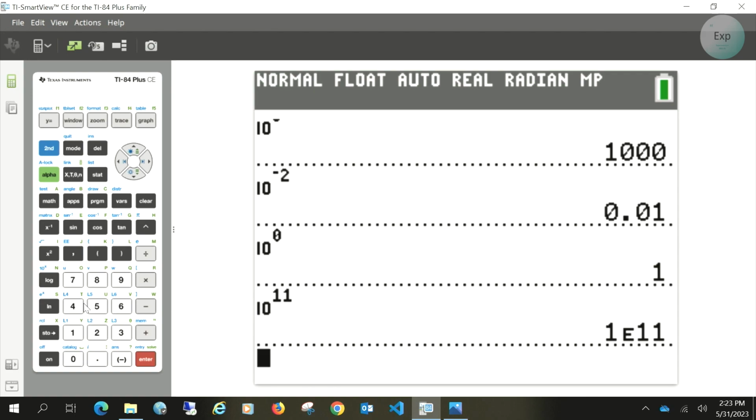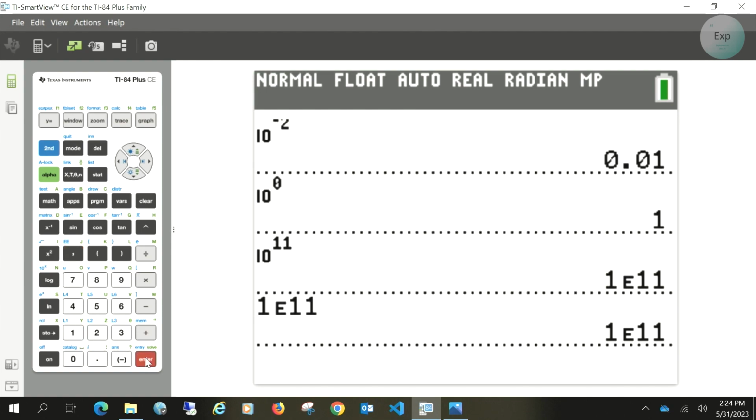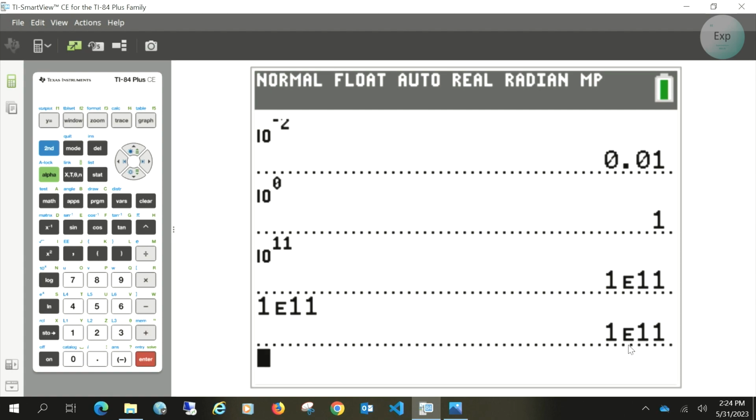I can also obtain this number by typing 1 and then using the EE feature, second comma, and then 11. And I get 1 times 10 to the 11th power. That number is a 1 with 11 zeros after it. It's too long of a number to display all the digits on the screen. And so we have the use of scientific notation here.